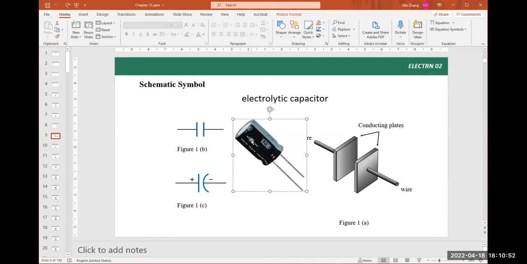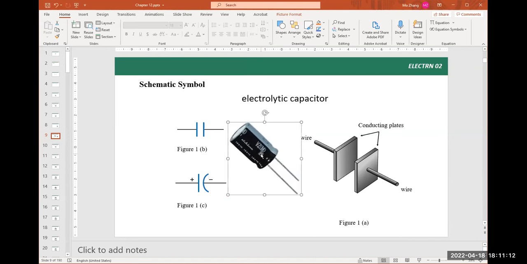There is more than one symbol. This is the simplest, the general symbol, which represents almost all kinds of capacitor. And this symbol shows a capacitor with polarity, especially this one. This electrolytic capacitor has polarity, which means the way to connect it to the circuit is important.